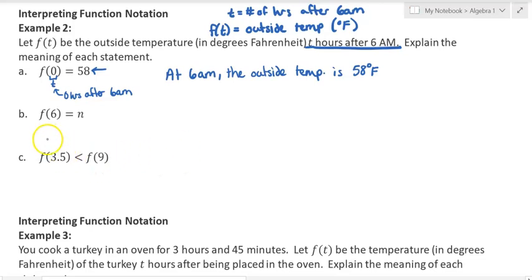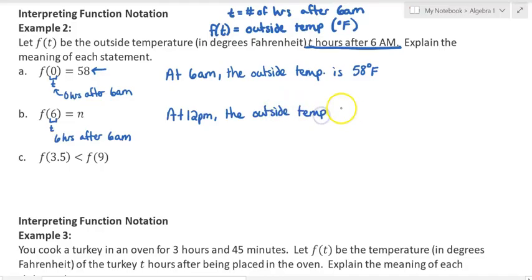Okay, the next one says f of 6 equals n. This is the input, which is the t. So that means 6 hours after 6 a.m. Now, if it's 6 hours after 6 a.m., then it's at 12 p.m. The outside temperature is n, in degrees Fahrenheit.